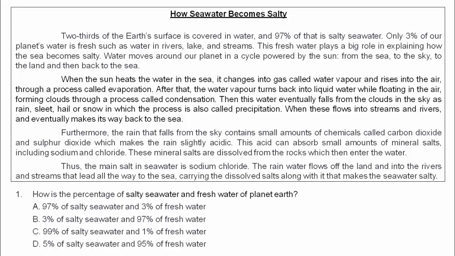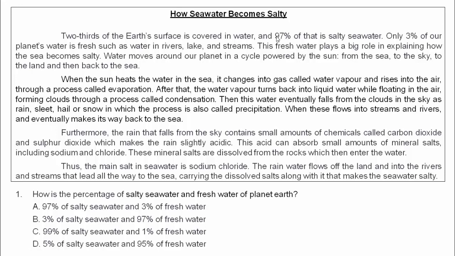Oke, mari kita bahas bersama-sama. The question is, how is the percentage of salty seawater and fresh water of planet Earth? Jadi berapa persentase antara air yang asin dan air yang tidak asin atau segar di planet bumi? Kita lihat pada paragraf pertama di sini, ya, pada kalimat pertama dan kedua.